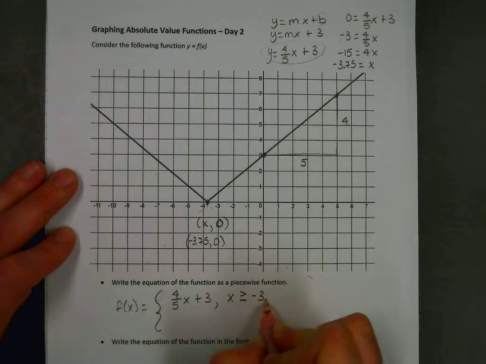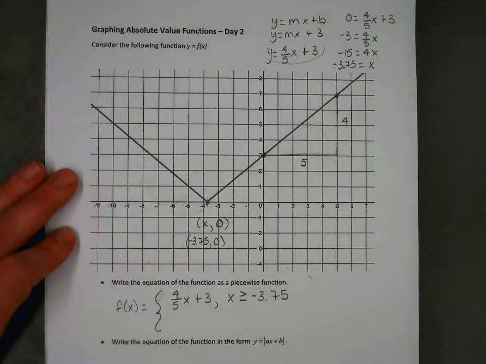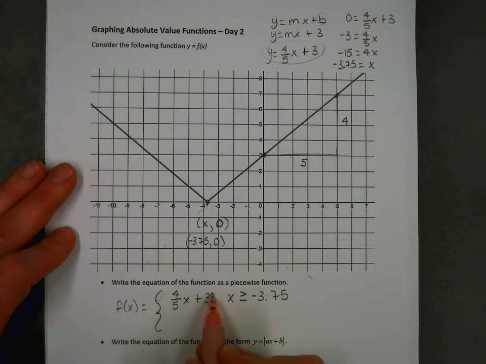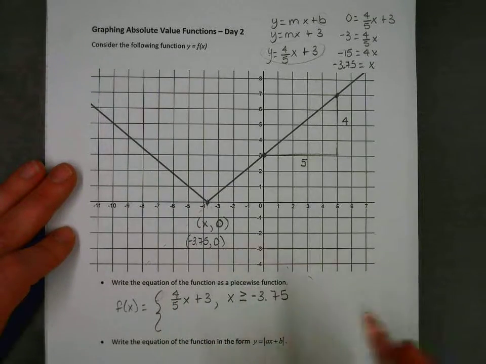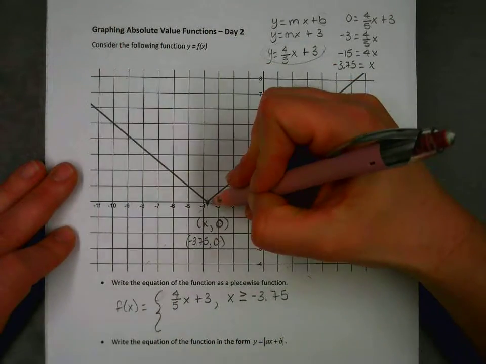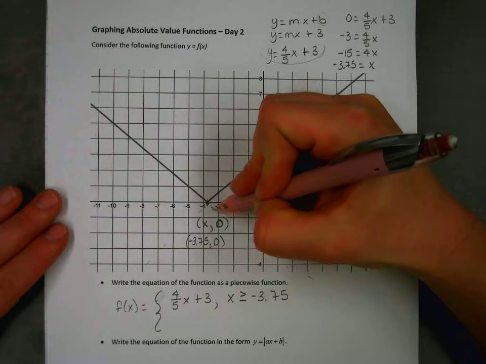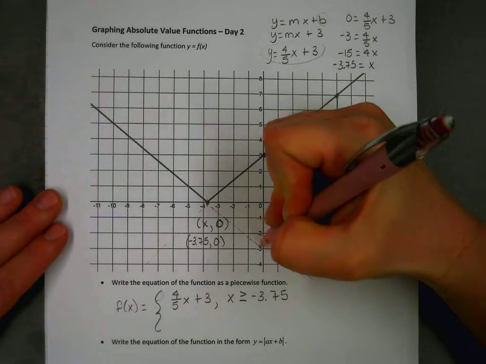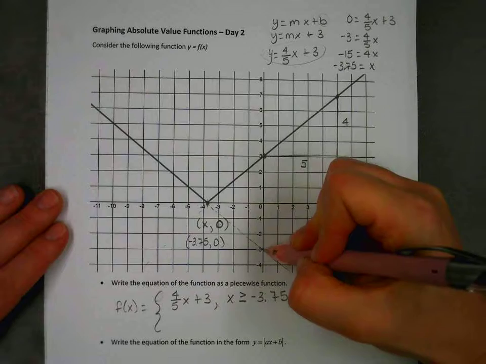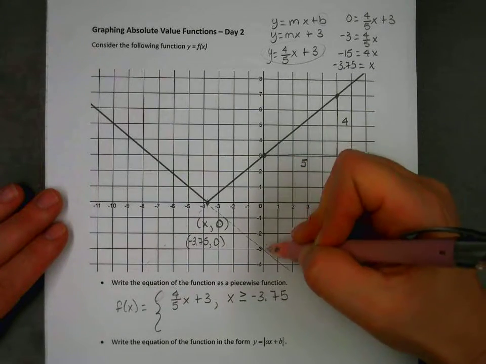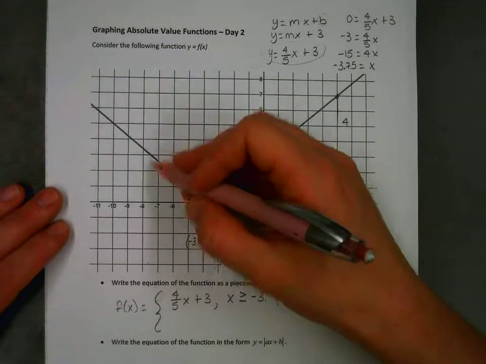Now my other function is going to be the exact same function of this except the negative value of that. So if you were to extend this, you would notice that the y-intercept instead of positive 3 is a negative 3. The slope of this line is also 4 over 5, but it's a negative 4/5.